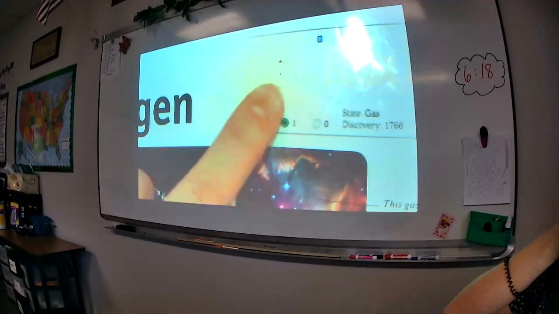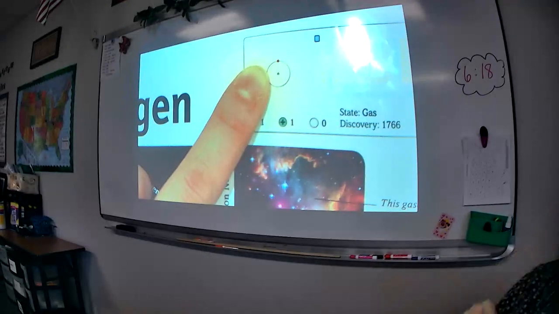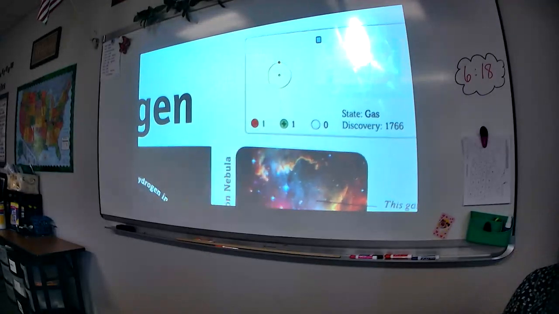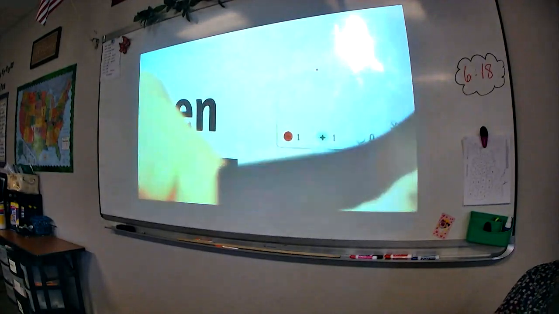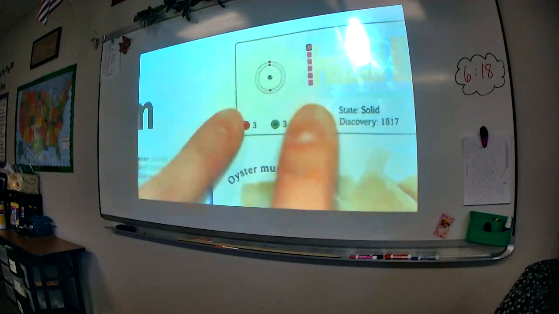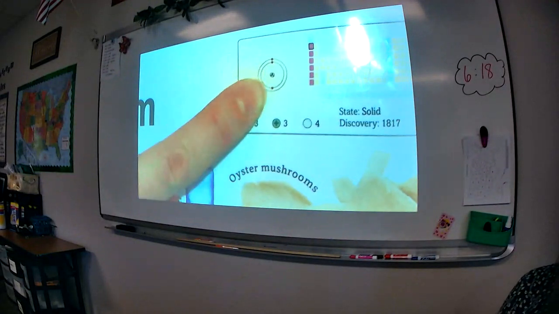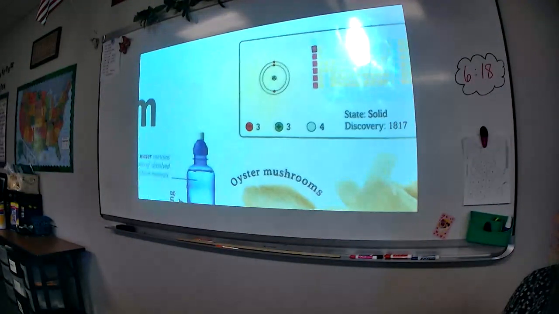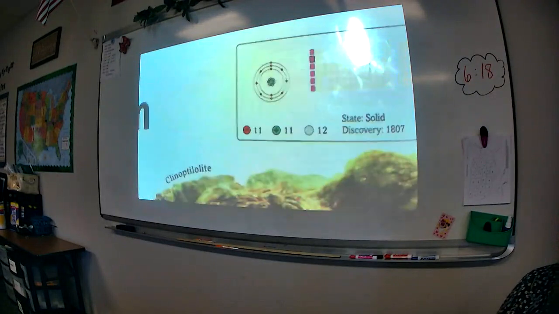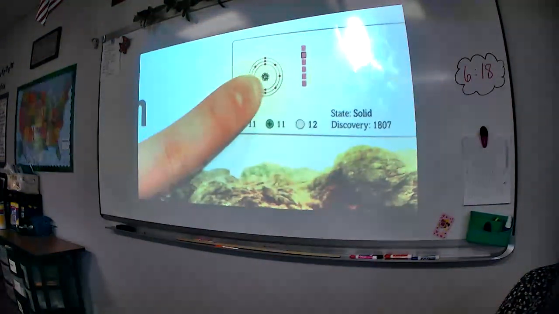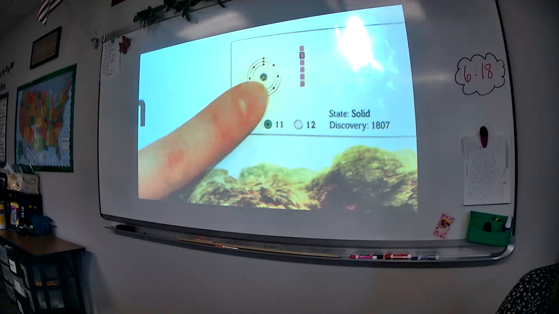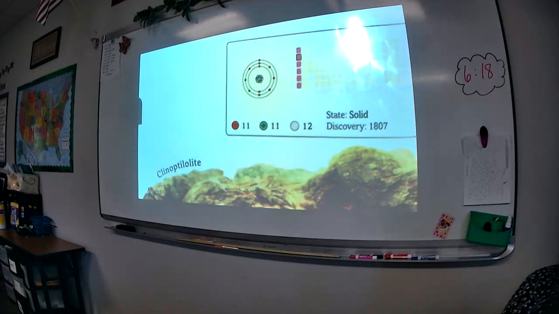But look, they drew theirs just like ours. Hydrogen, 1 proton, 1 electron. Here's lithium, 1 proton, 2 electrons on the first, 1 on the second. Here's sodium, 2 electrons on the first, 8 on the second, 1 on the third. You see what I'm saying?